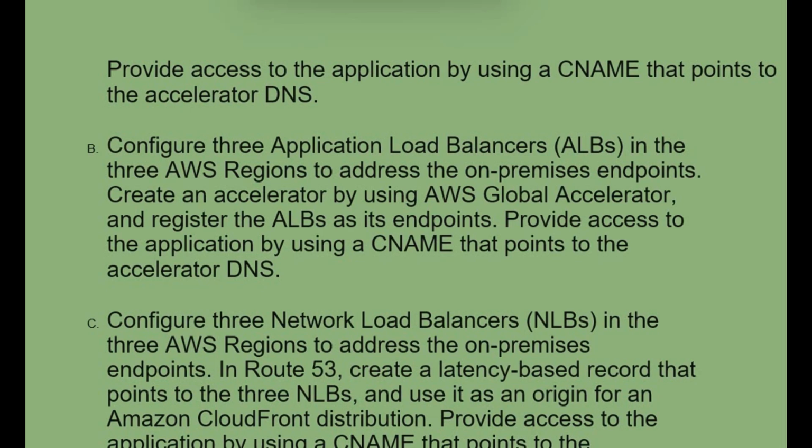Option B, configure three application load balancers (ALBs) in the three AWS regions to address the on-premises endpoints. Create an accelerator by using AWS Global Accelerator and register the ALBs as its endpoints. Provide access to the applications by using a CNAME that points to the accelerator DNS.